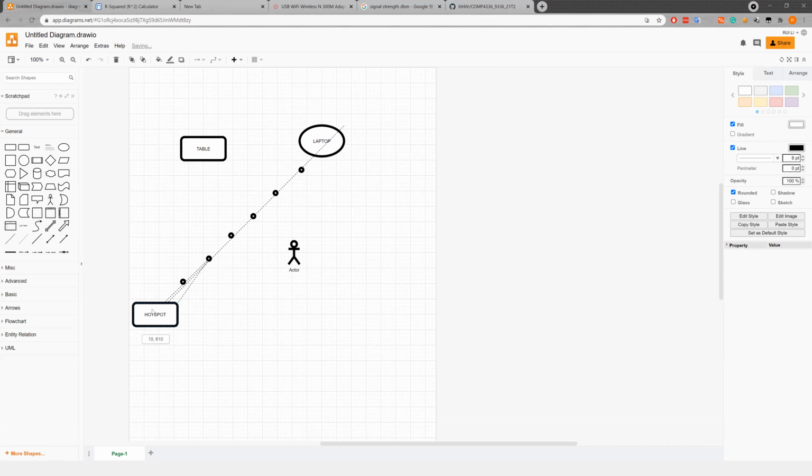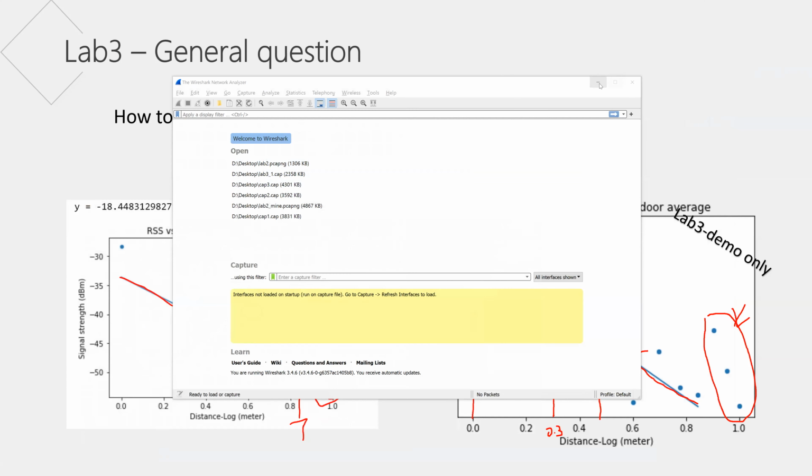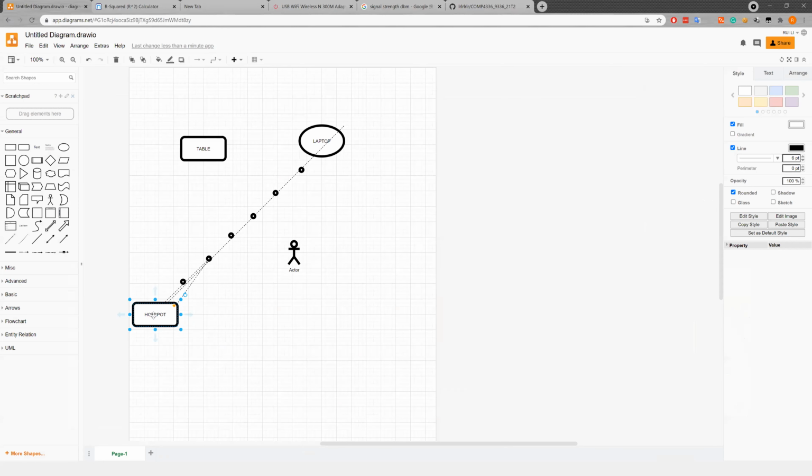Then move away from your laptop and capture again. Compare the values. It is very clear that if you put your hotspot away from your laptop, the signal strength should be less than when you put it next to your laptop.